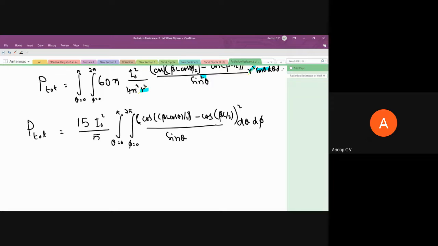So we can straight away integrate. The only term containing phi is d phi.